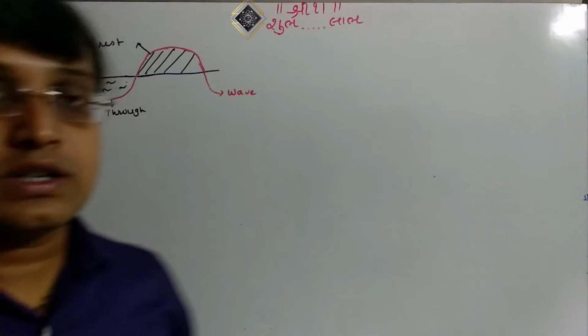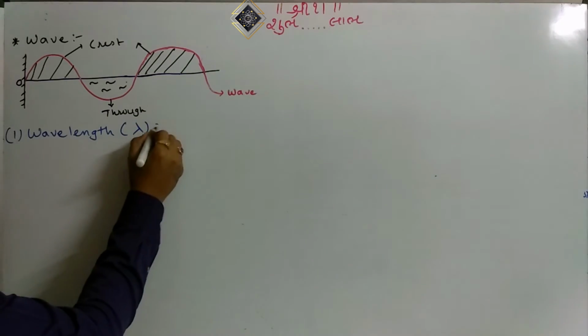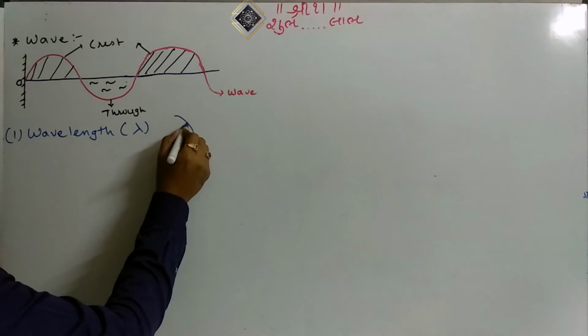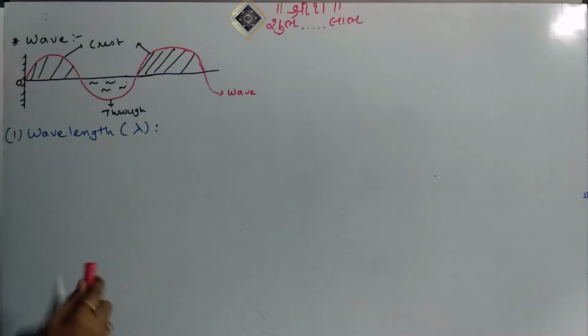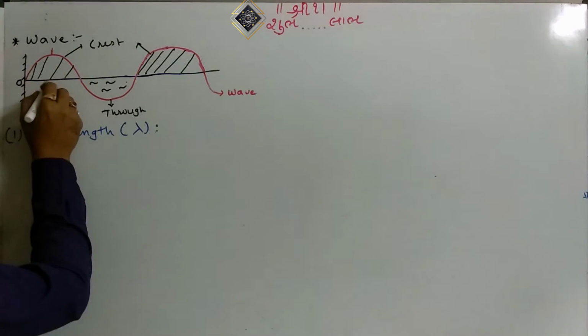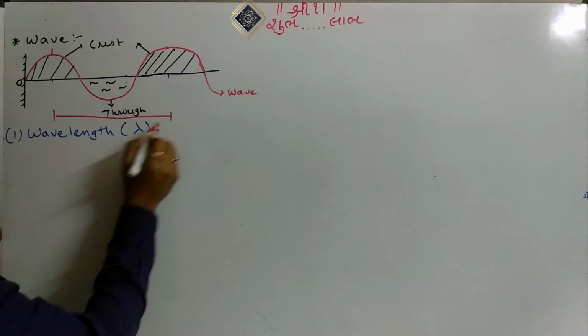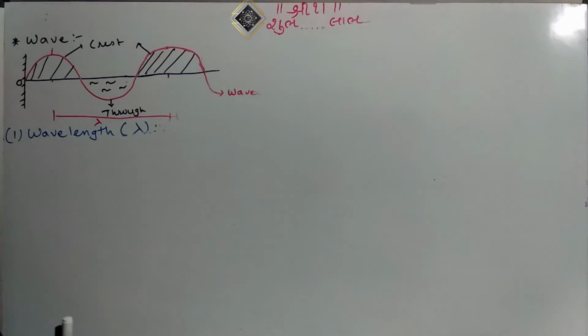The first definition I would like to introduce is wavelength, denoted by lambda. It can be defined in this way: the distance between two consecutive troughs or crests is known as the wavelength of the wave.